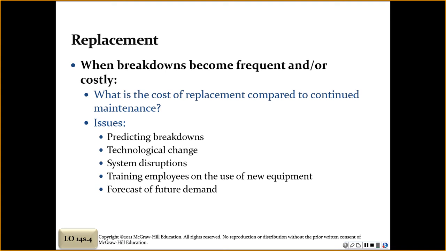And then another thing that managers may consider is forecasting of future demand for the use of the present or new equipment. The demand for the replacement equipment might differ because of different features that it has. So managers have to keep that in mind.